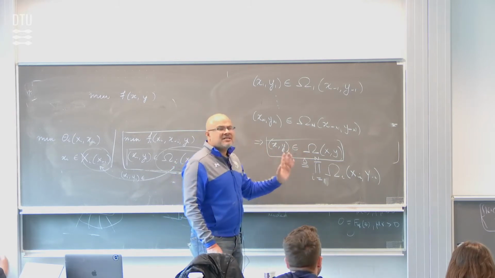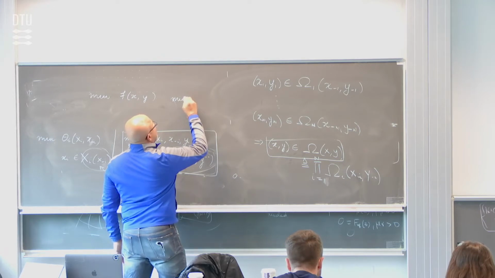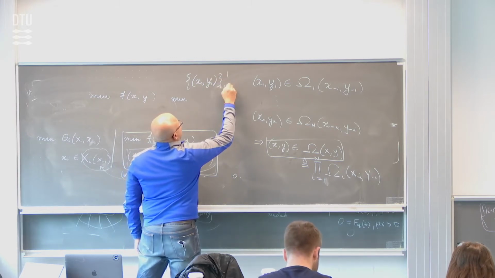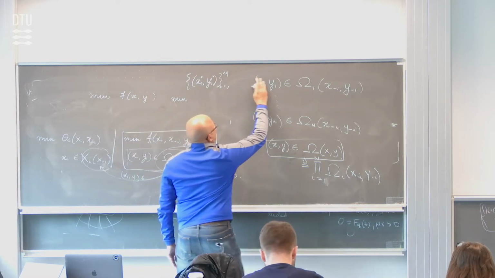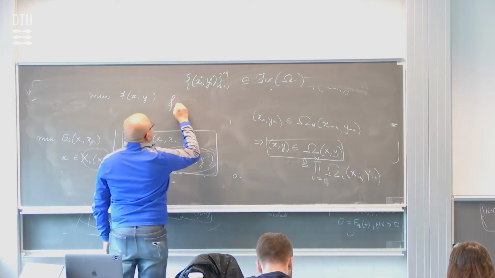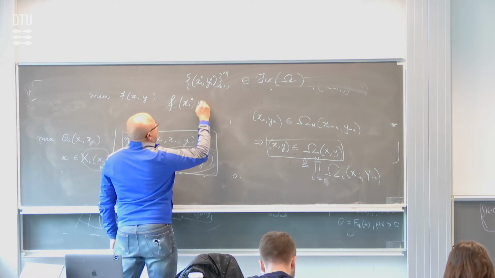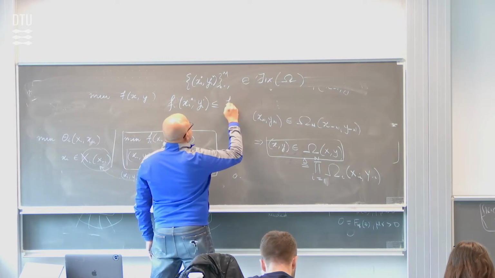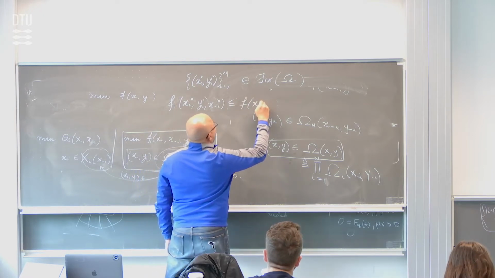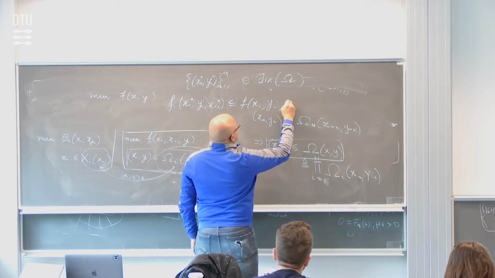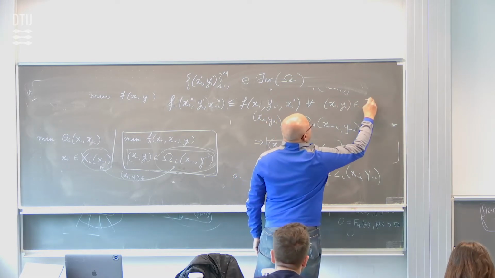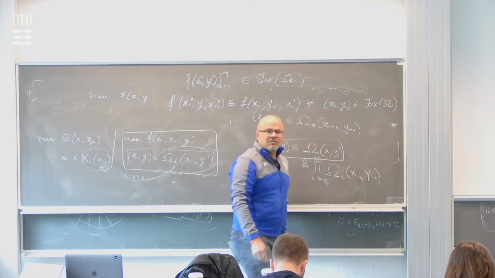So if you're working in this set, all you need to do is find an (xi*, yi*), i equals 1 to n, that lie in the fixed point of omega such that the Nash criterion holds, which is f(xi*, yi*, x-i*) is less than f(xi, yi, x-i*) for all (xi, yi) in the fixed point of omega, right?